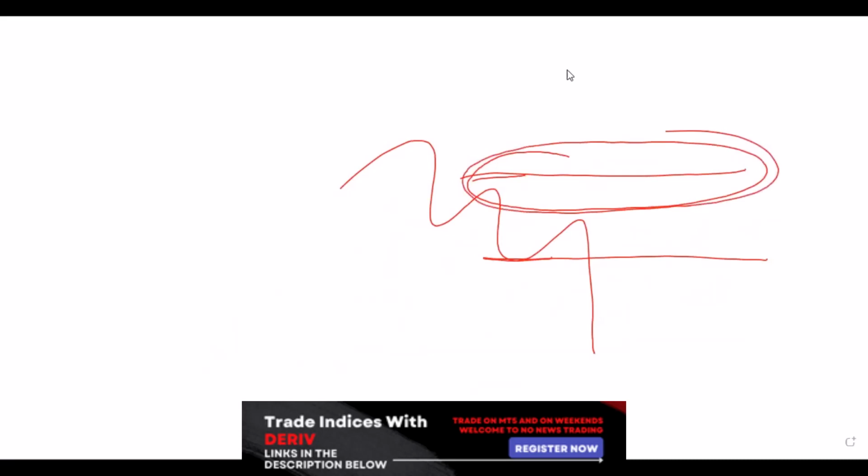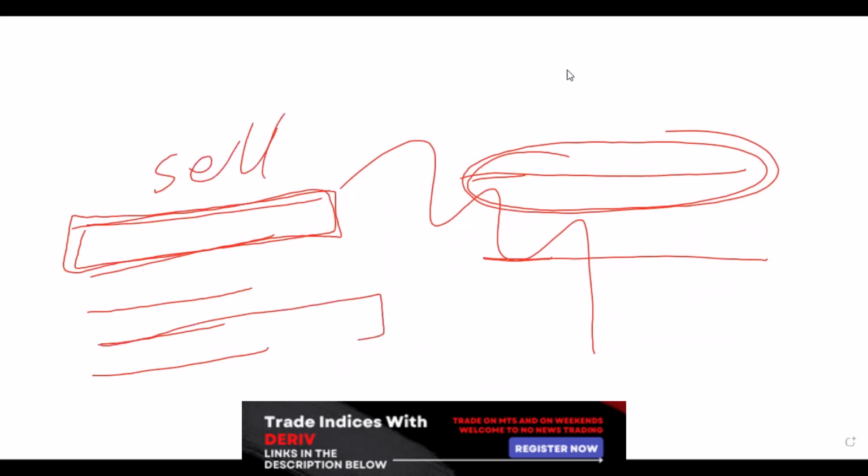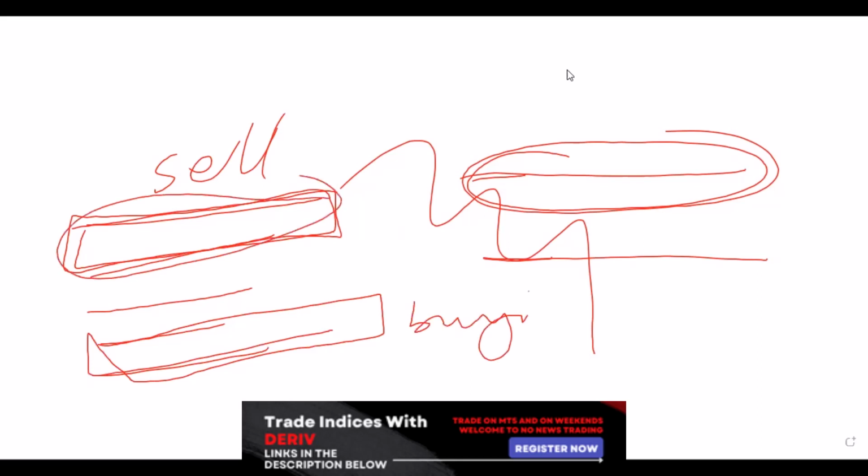If we divide that range into 4 pieces like this, we want to be playing in the first quarter, this one, if you are selling, and in this quarter if you are buying. So if you are looking for order blocks, we look for them in this area if we are selling, and in this area if we are buying. Do you understand what I'm saying?